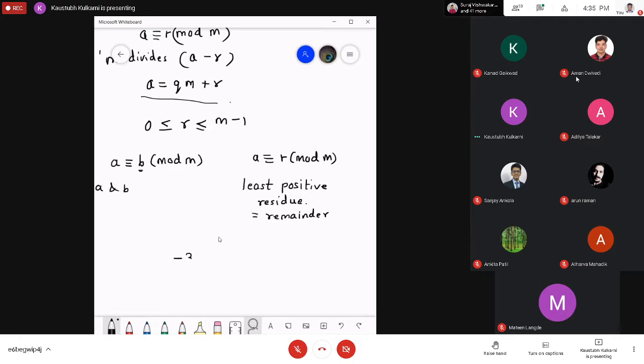So minus 3 is congruent to dash mod n. Fill this dash. And I want the least positive residue or remainder. What will be there in this dash? Reply in the chat quickly.